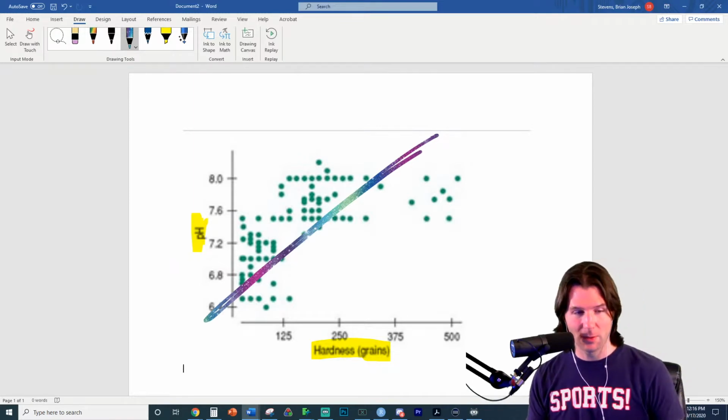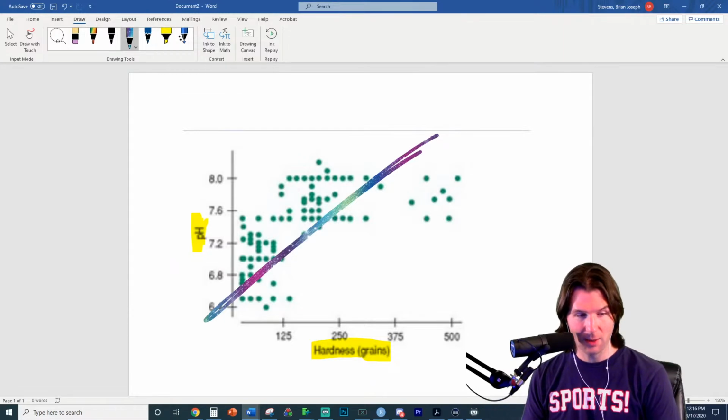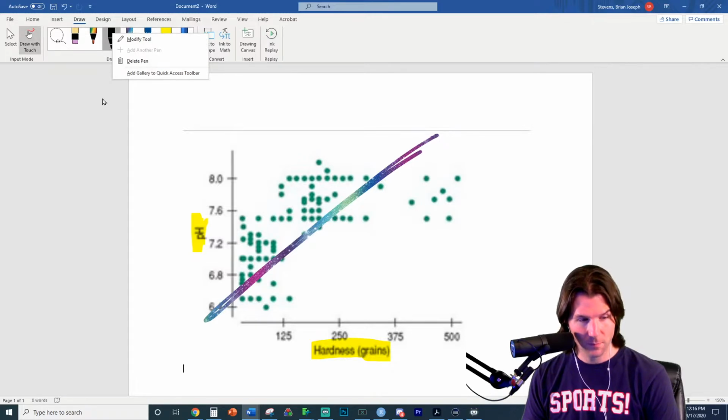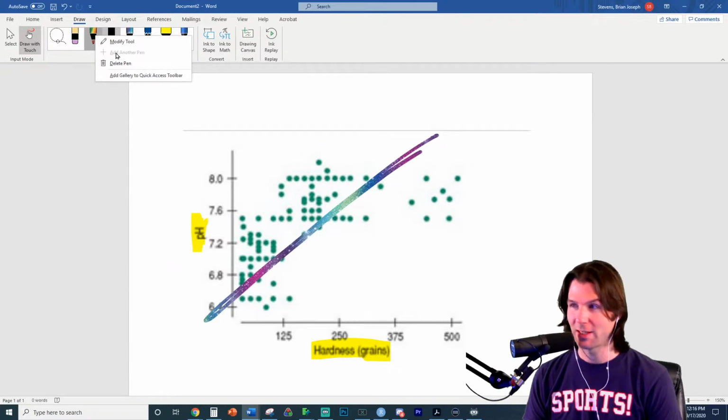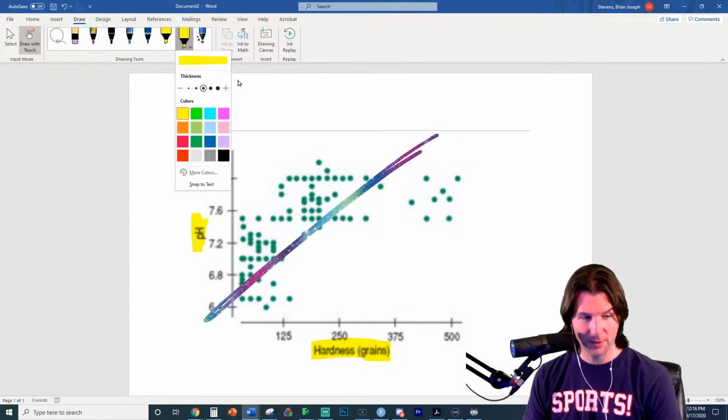No, I'm going to try to add in the red pen here. I've been wanting the red pen. So add another highlighter. No, add another pen. Really? If I click it and then I click here, why can't I add another pen? It says add another highlighter. That's so weird. What if I want more pens?